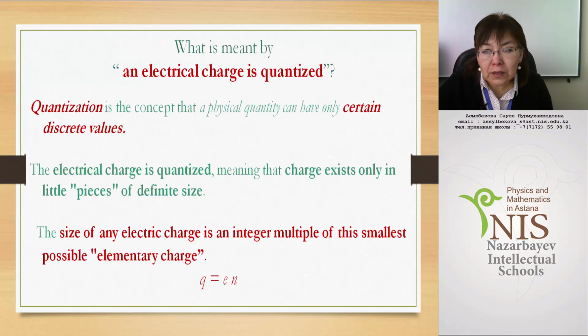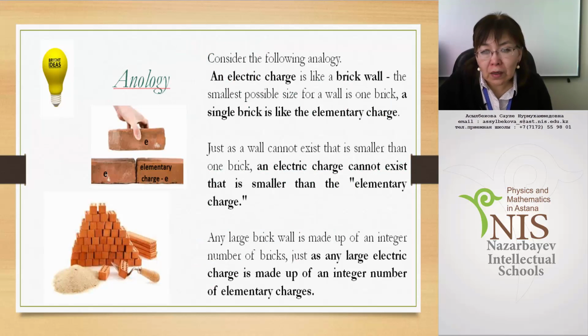So let's consider what it means that charge is quantized. Quantization is a concept that a physical quantity has only certain discrete values. We can use an analogy. If you would like to build a wall, you use bricks.